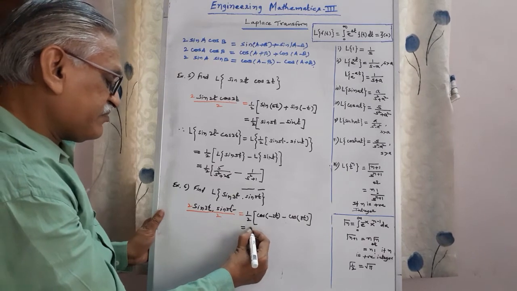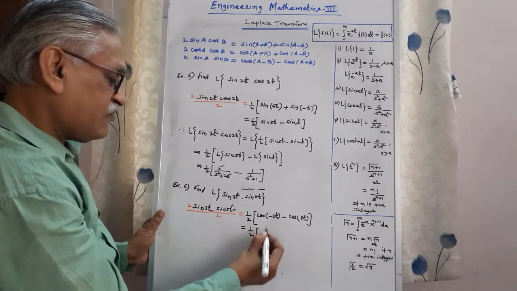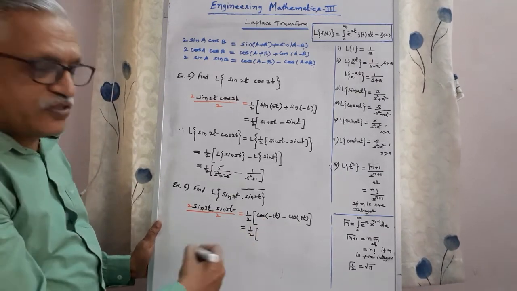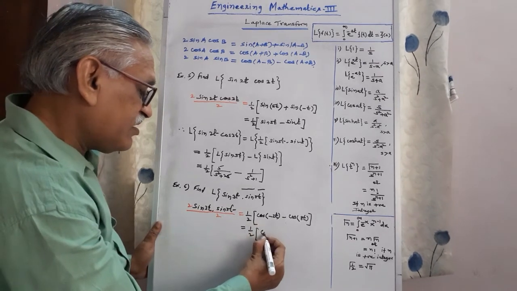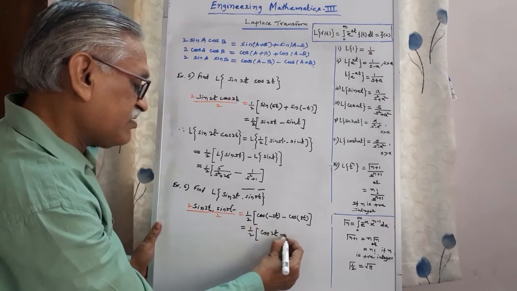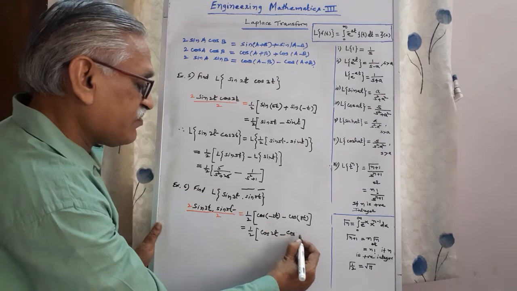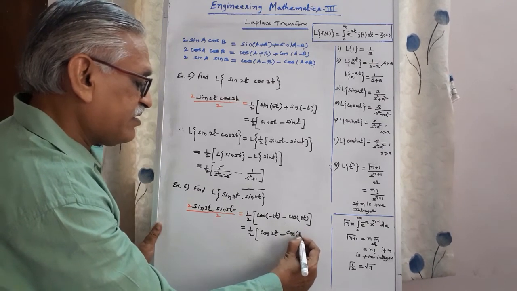Further simplification, 1 by 2. We know that cos minus theta is cos theta, and therefore it is cos of 2t minus cos of 8t.